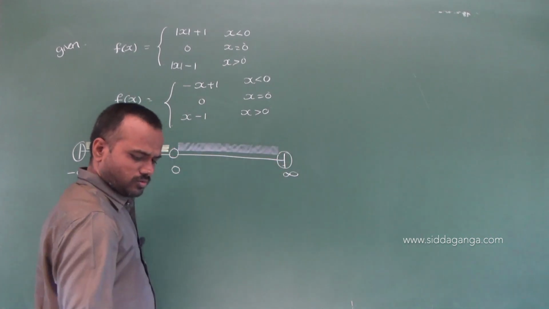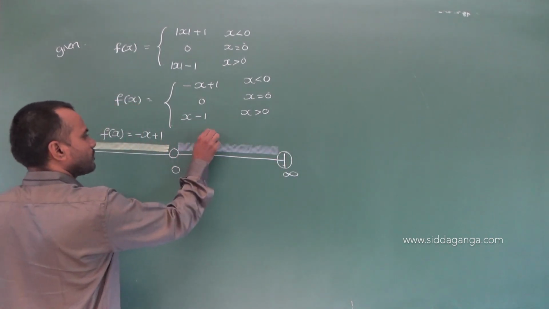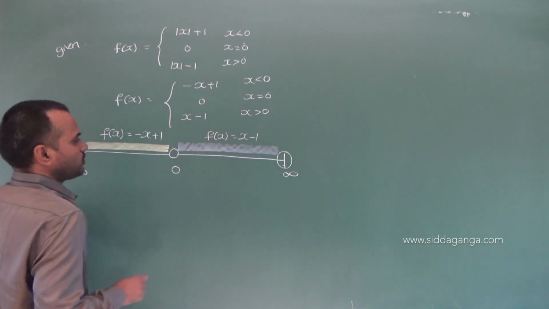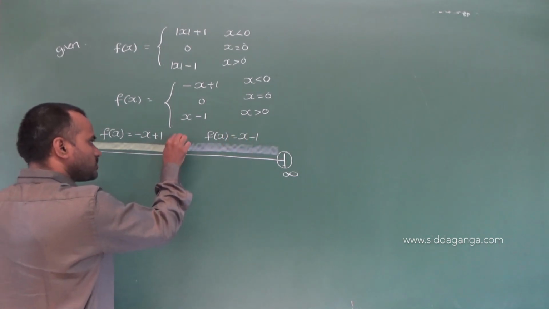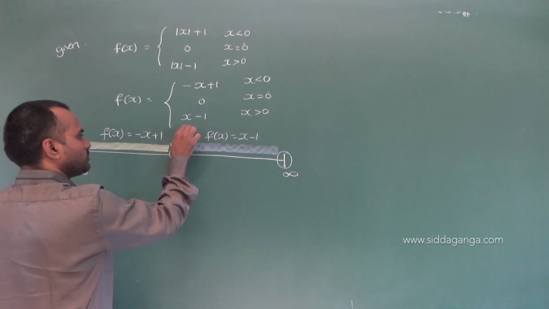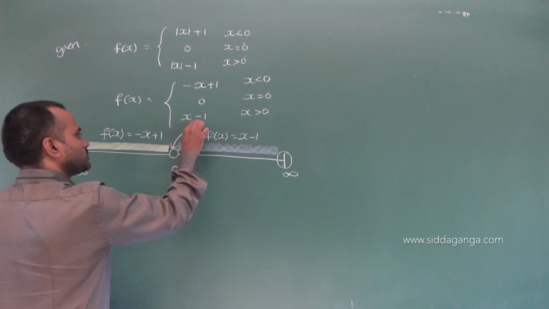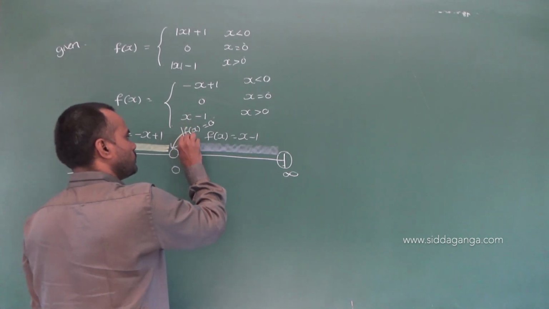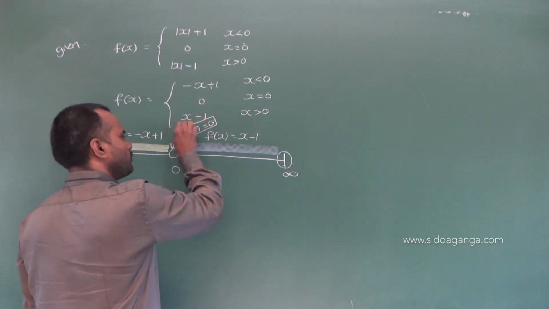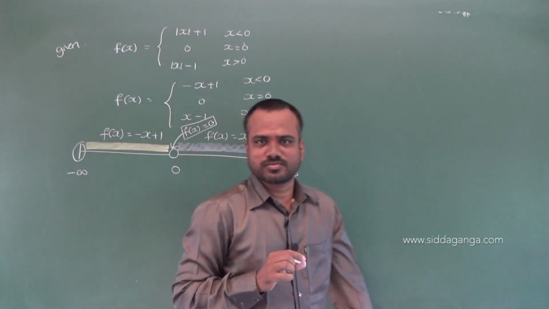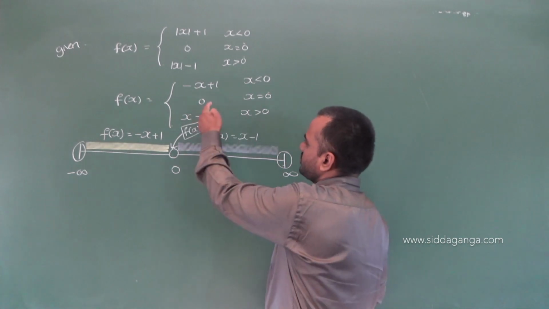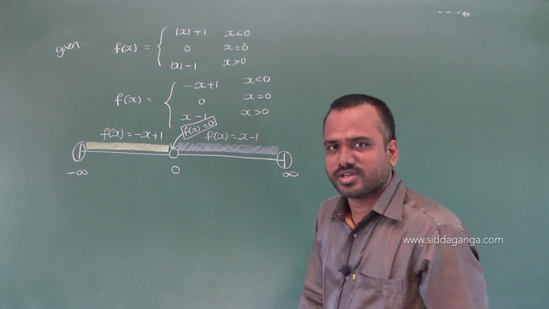Greater than 0, the function is x minus 1. At x is equal to 0, particularly, f of x is equal to 0. At x is equal to 0, the domain is fixed, range is also fixed. x is equal to 0, f of x is 0.